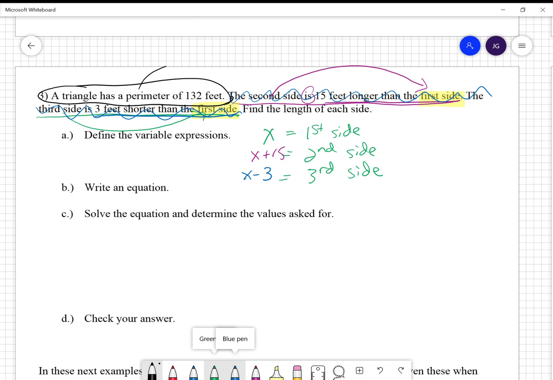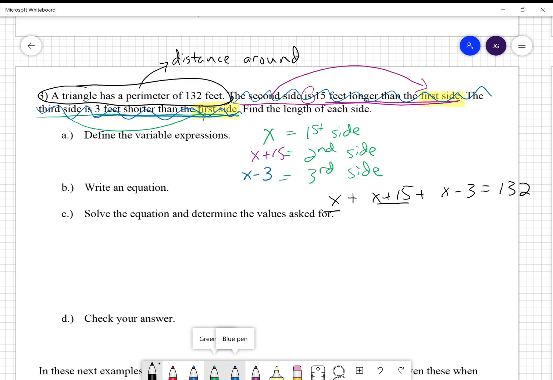Well, here you have to know what perimeter means. The distance around a triangle. Well, that's adding the three sides, I mean. So it's first side plus second side plus third side equals 132.